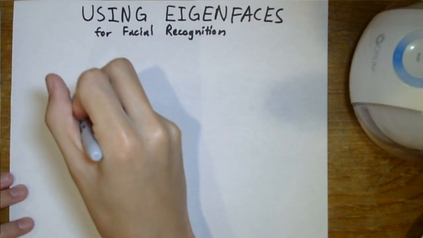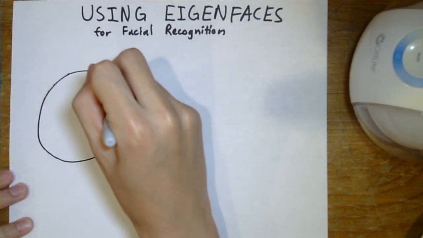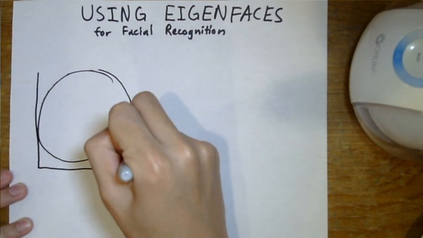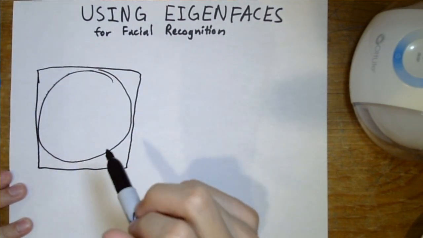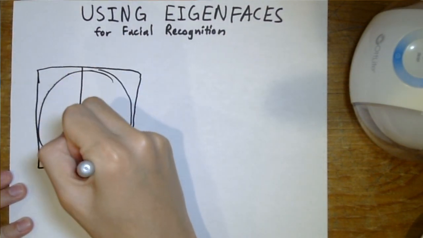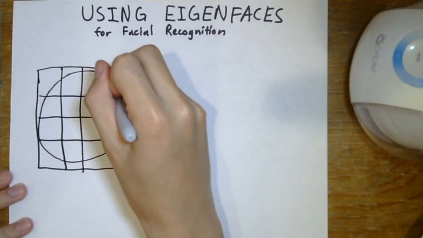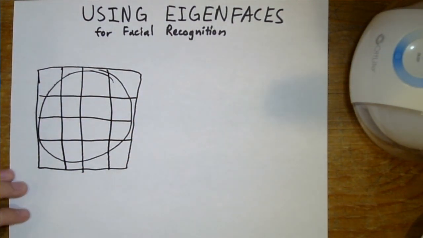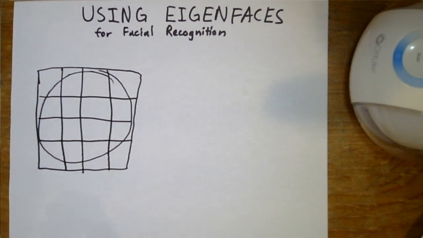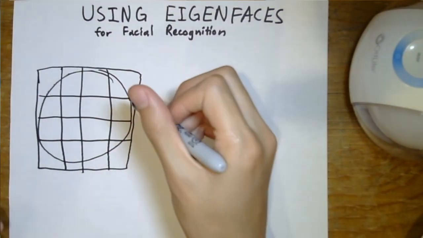So, for example, this may be a face, and it exists in a box of pixels, and I will draw 16 pixels. And so we could represent the RGB values of each pixel in a matrix, in this case a 4x4 matrix. And what we can do is we can project this matrix.